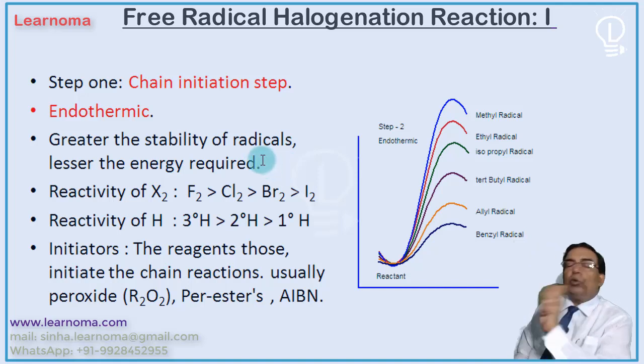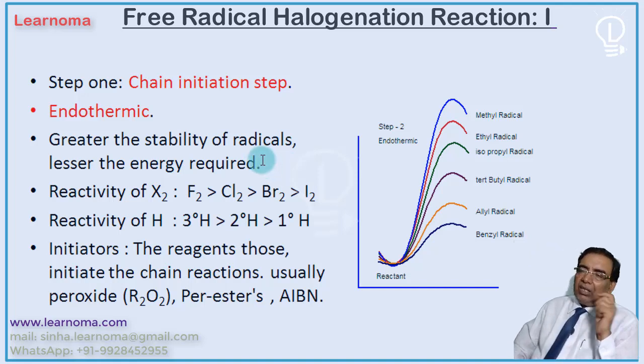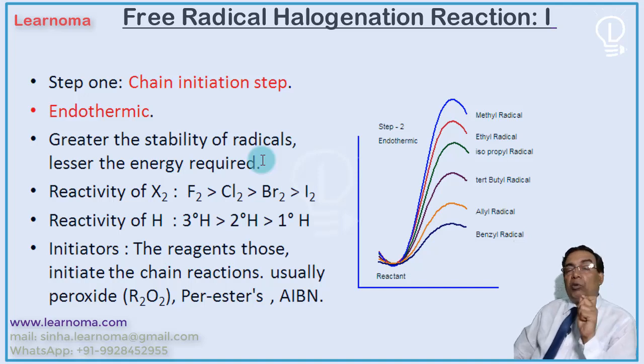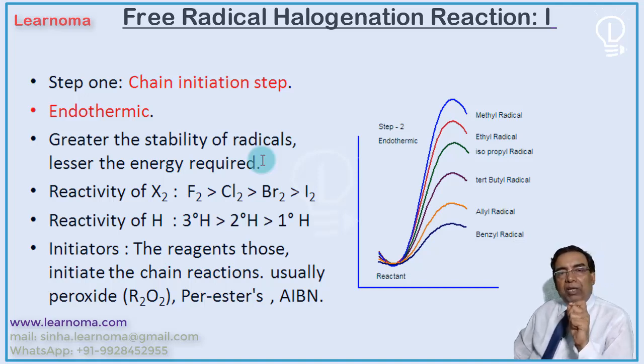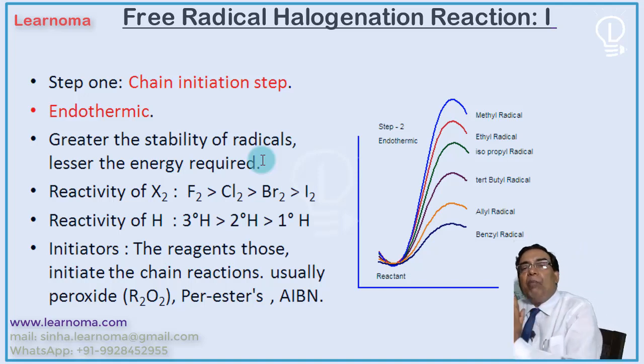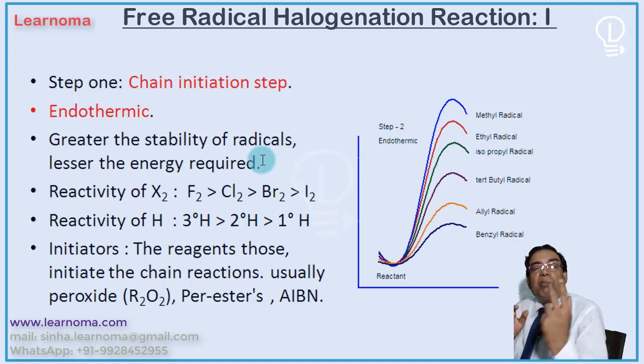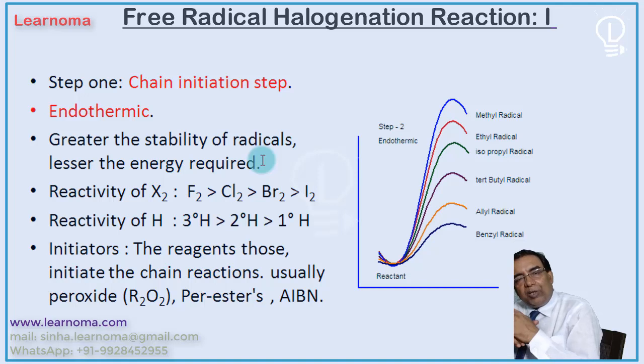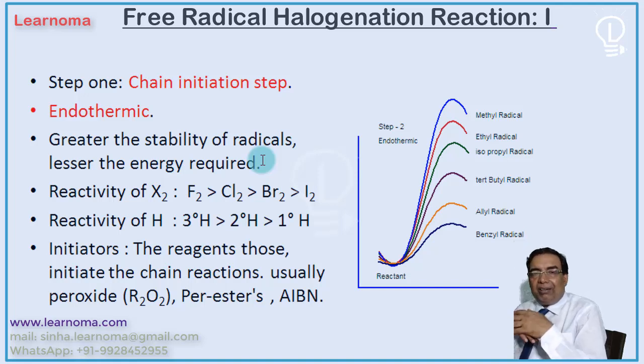Now the point number 2. What is the significance, what is the use of this one? This point can be used in a question if the question has more than one different type of molecules. Suppose some molecule has 1 degree carbon also, 2 degree carbon also, 3 degree carbon also.